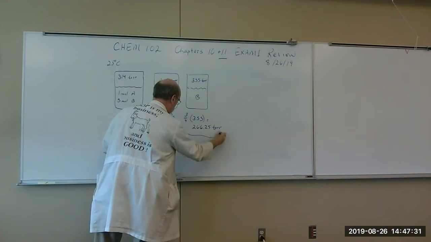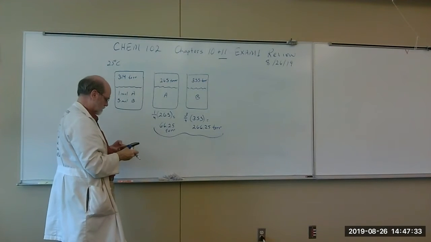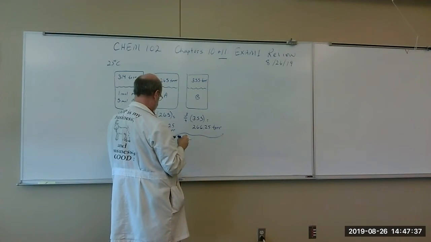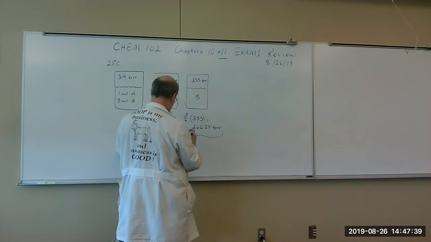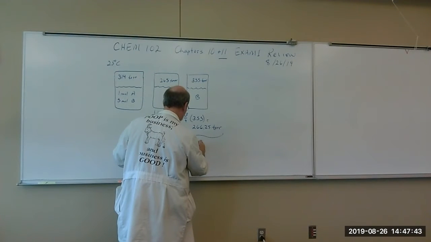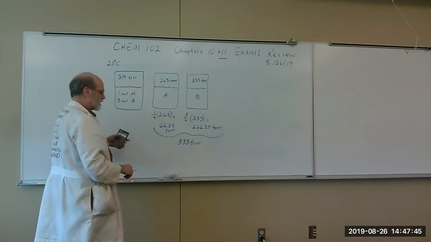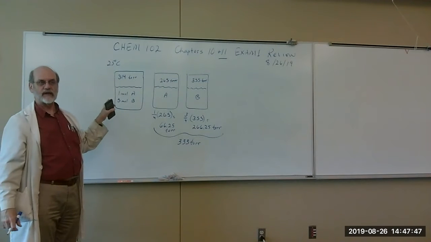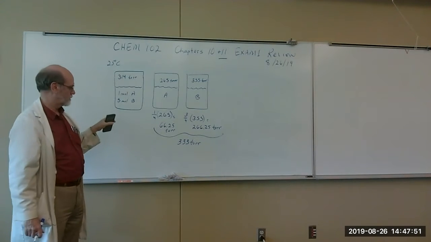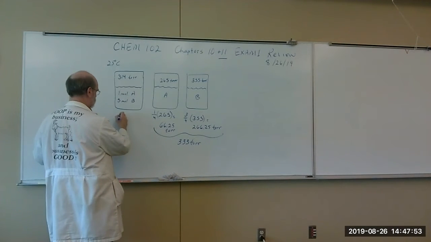So what is that total? 332.5. So round it off, 333. That's what we would expect if these were ideal liquids, if they did not deviate from Raoult's law. So 333 is expected.